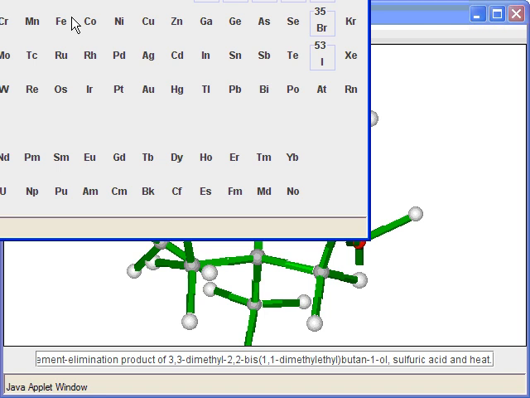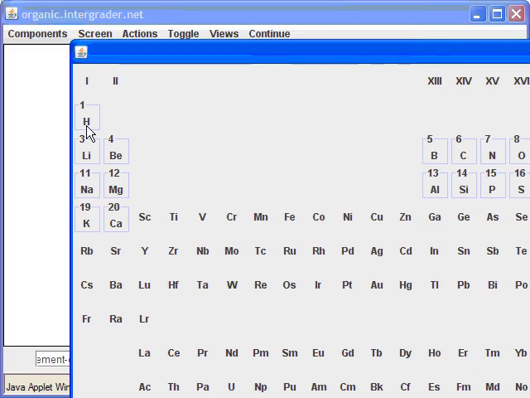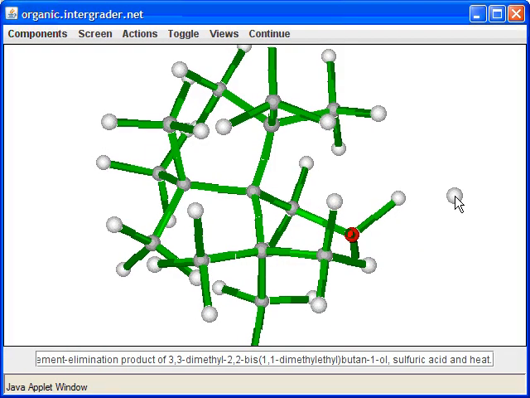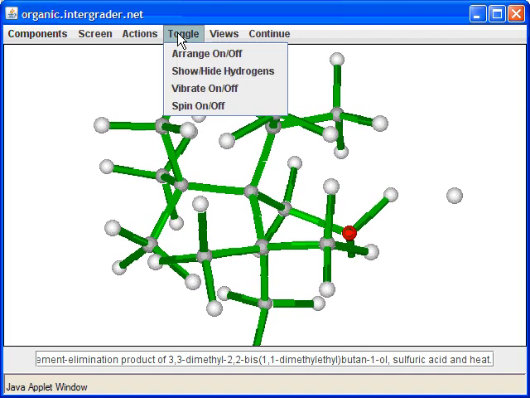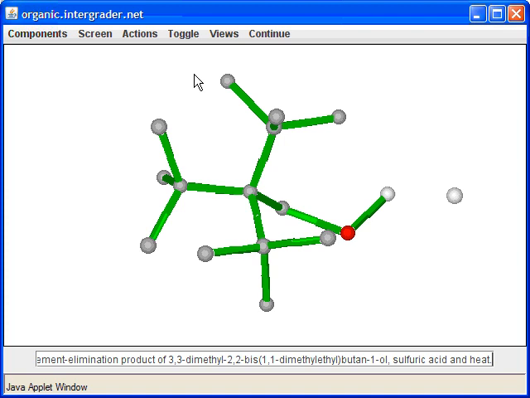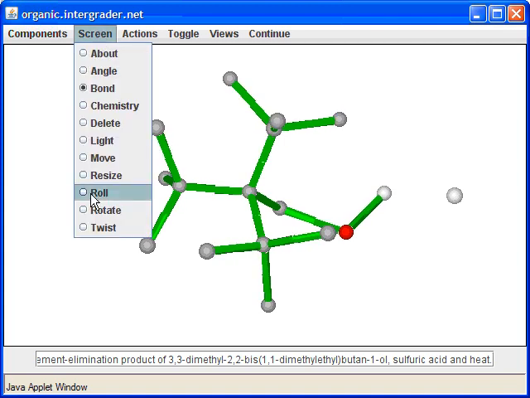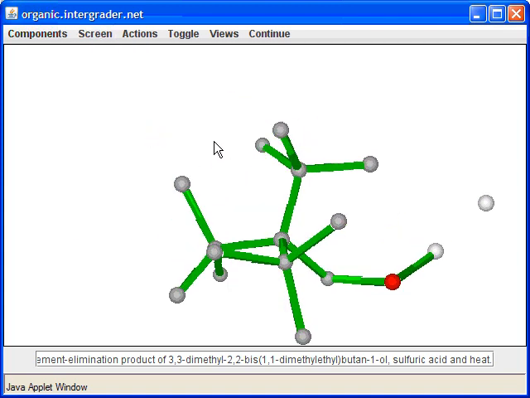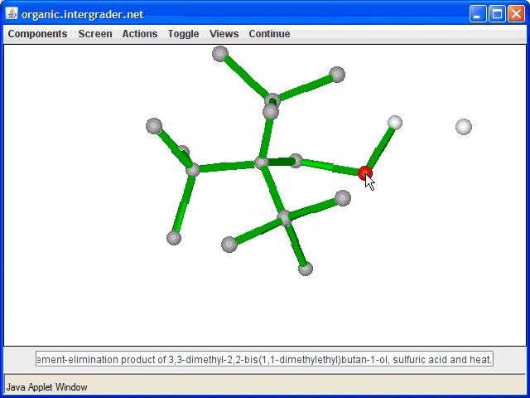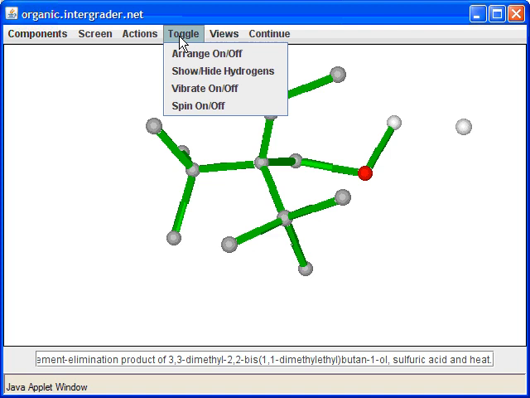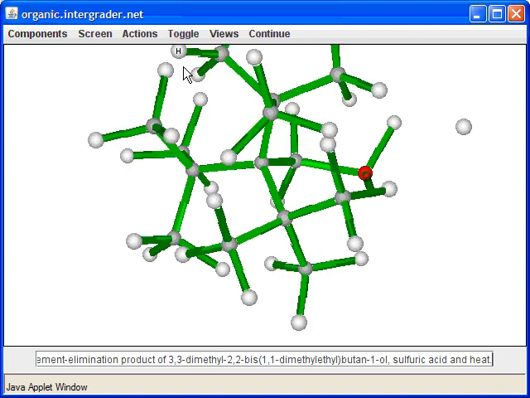We'll get our acid catalyst, because all of these are using the same acid catalyst, although there are other acid catalysts that one could employ. Let's hide the hydrogens just so you can see everything. What we really need to do first is protonate this alcohol. So we'll toggle arrange, show the hydrogens, and take the electrons from the oxygen.